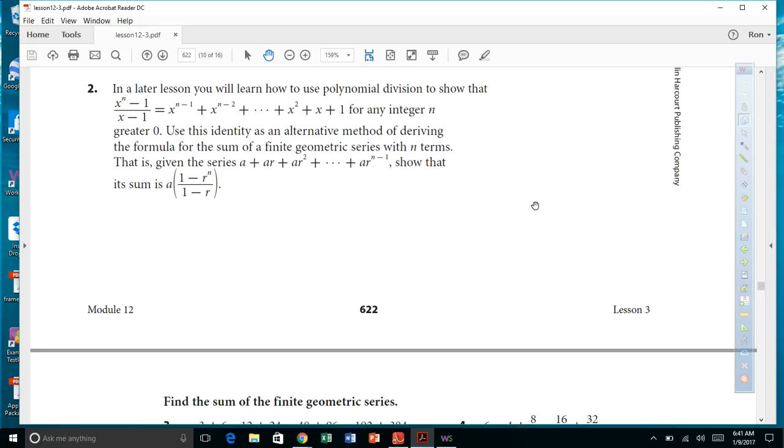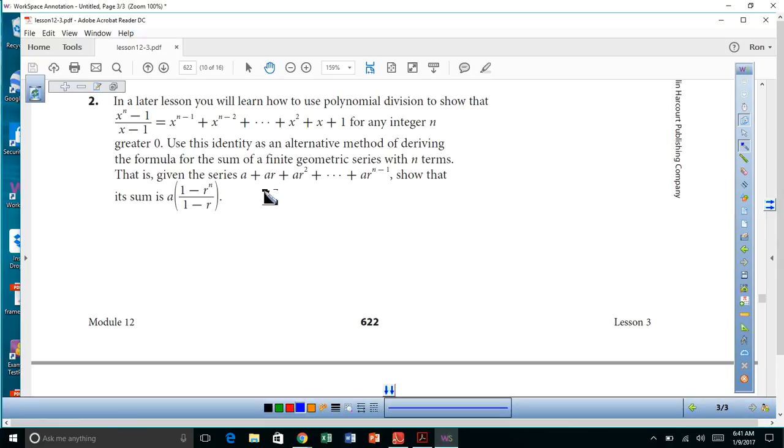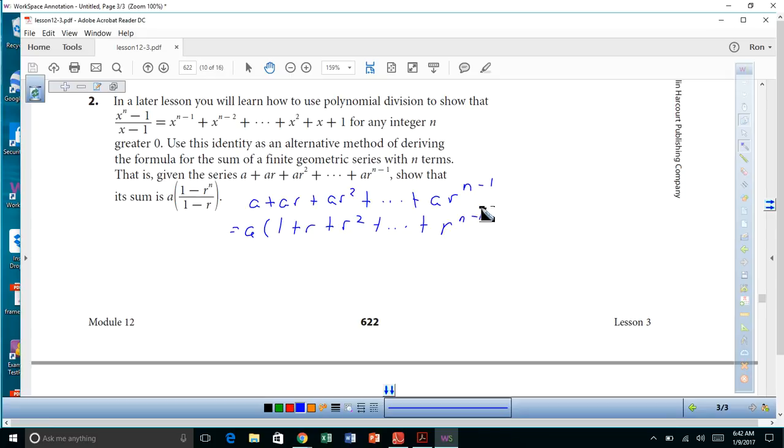Okay, let's see. I guess first we got this series here. We need to factor out the a's. We have a plus ar plus ar squared plus and so on plus ar to the n minus 1. So that will give us a times 1 plus r plus r squared plus, and then r to the n minus 1.